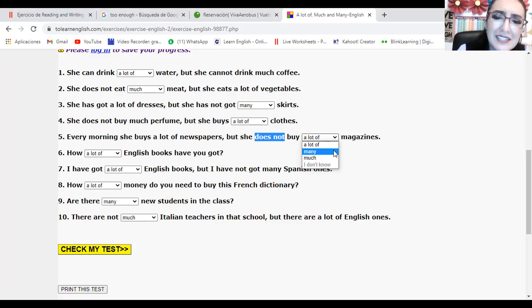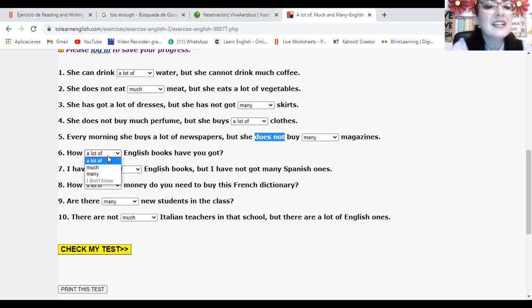Well, maybe you are saying, I can count them. Okay. How many English books have you got? Because books are countable. Excellent.